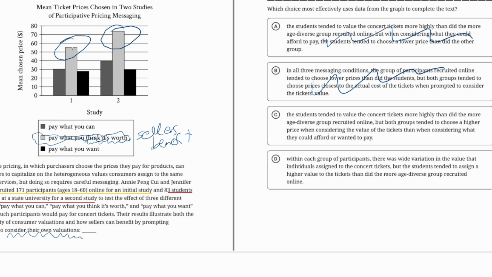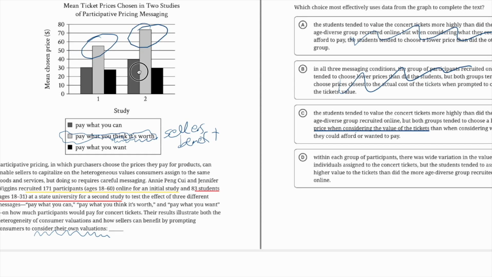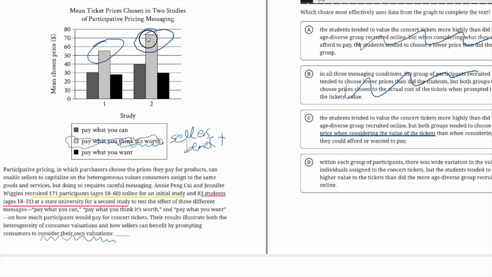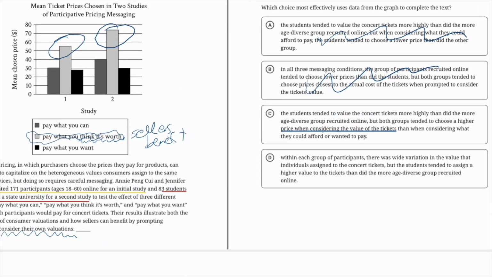Both groups tended to choose a higher price when considering the value of the tickets. So I did not mean to cross that out. I meant to underline it. That's correct. Is it true that the students tended to value the concert tickets more highly? Study 2 is the students. Yes. So I think C is correct, but let's check D.